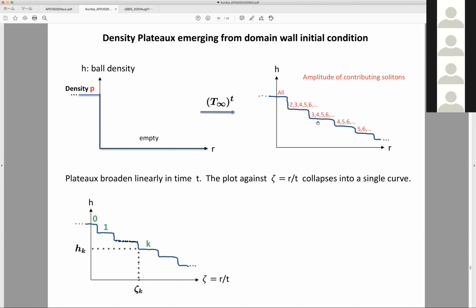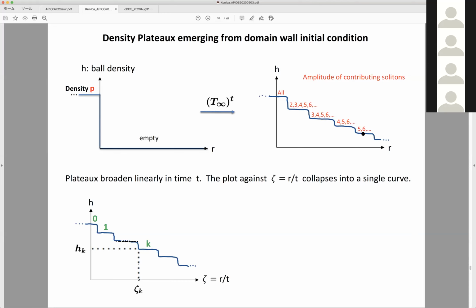So for example, solitons with amplitude 1 and 2 cannot still reach this region. And if you look at more and more right, then the soliton must be larger and larger. They must be faster and faster, right? So there is a particular subset of the list of the solitons which contribute to each plateau.